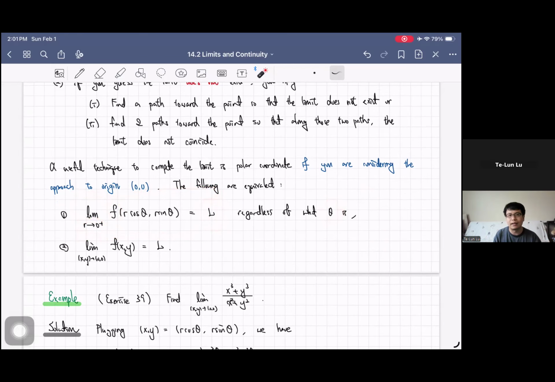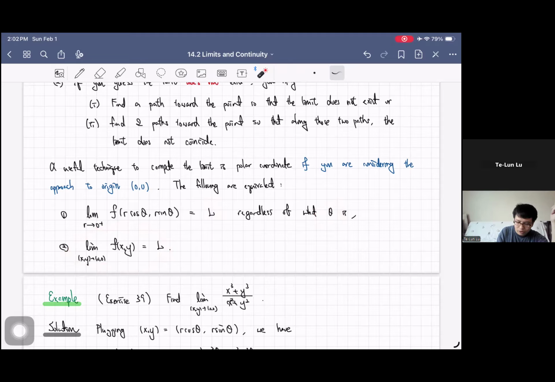Basically r is the distance between the point and origin, right? Whenever the distance goes smaller and smaller, you get to a value which is independent of theta, so it does not depend on direction. That practically just means that the limit of f(x, y) at (0, 0) is L. Those are the same thing.